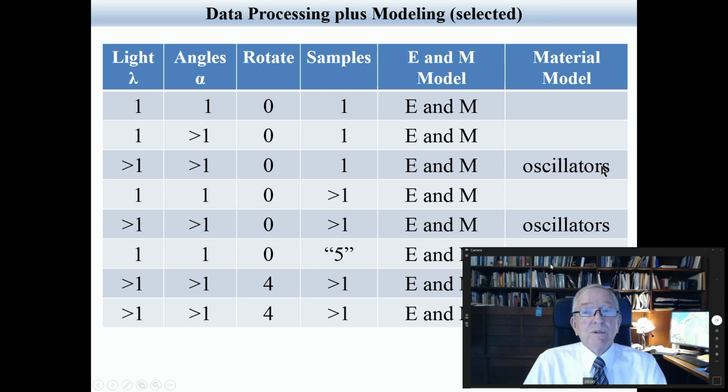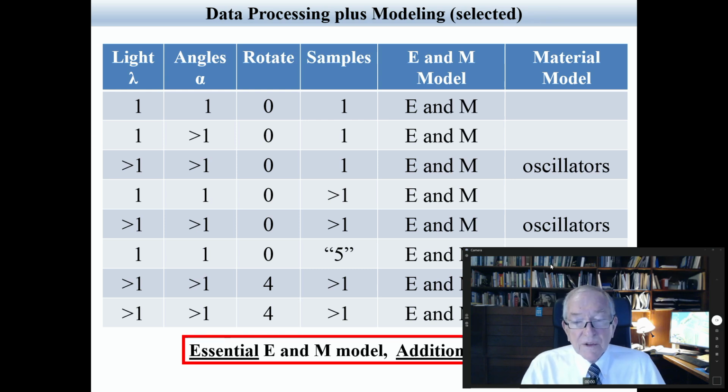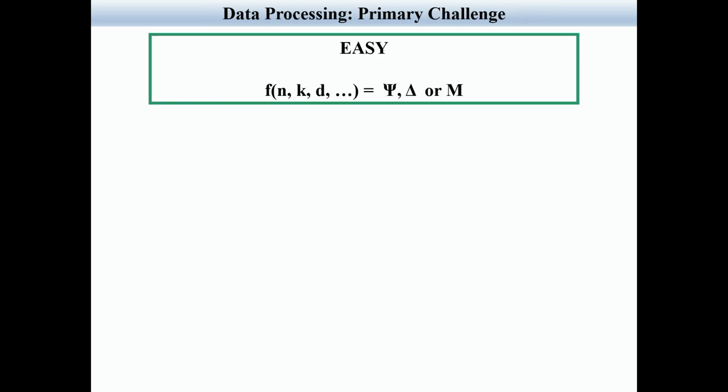And we have to introduce this model of the oscillator, which covers the index and the extinction coefficient across the wavelength of interest. And then we can have more than one sample, so-called multi-sample analysis. We can have all that with more samples and oscillators. We can have a virtual interface, and there's a lot of things we can do. And the job of the scientist is to figure out which approach is needed for what they want to do.